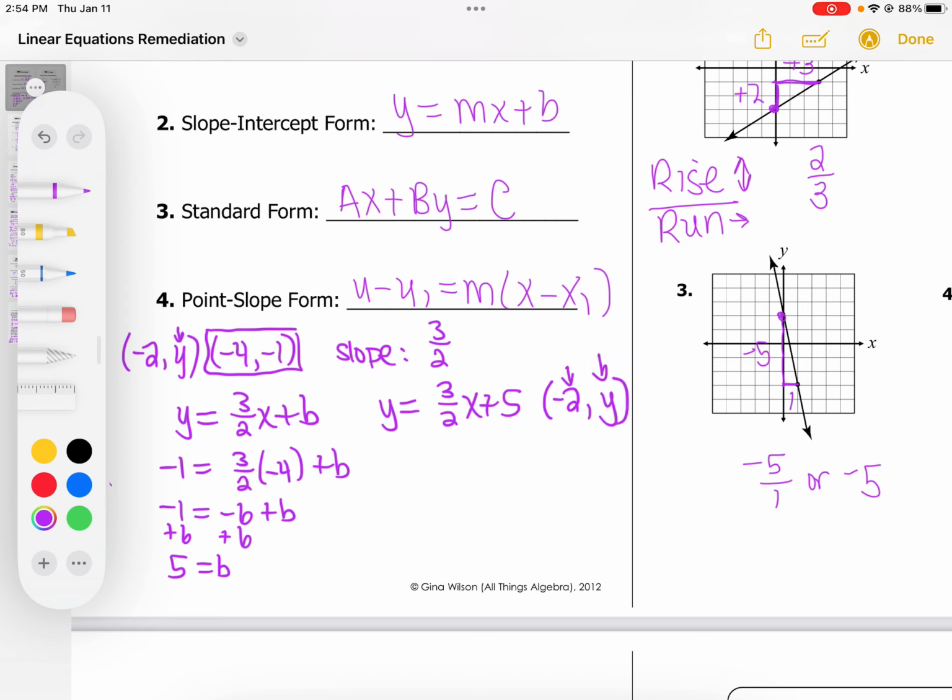So if we replace in -2 for x into our equation we just created, we can then figure out what y equals. Well, 3/2 times -2, that's going to be -3. And -3 plus 5 is equal to 2. So we get the same answer either way.